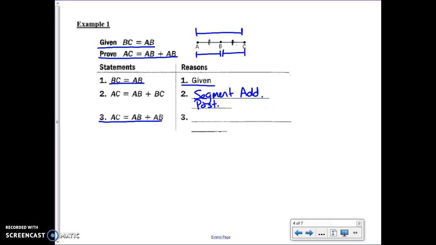The AB's match up, but BC turned into AB. So we substituted in AB for BC, and we could do that because of our given statement here that says they're equal to each other. So then our final reason is the substitution property of equality. So that's our first proof.